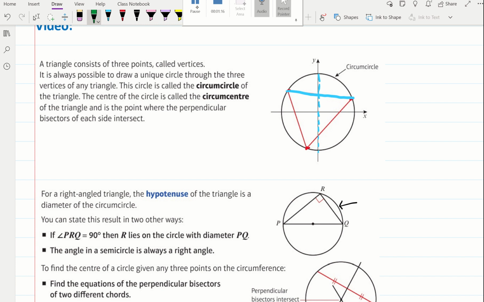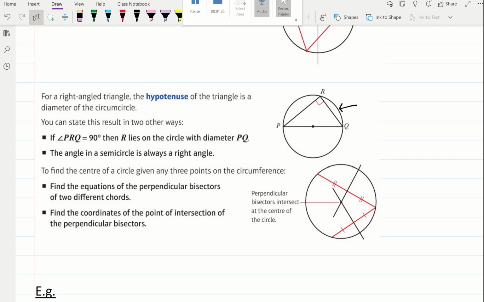This might be the other side of the triangle, and the perpendicular bisector of that line would be the other dotted line, and where they meet is the center of the circle. That's what they are saying.